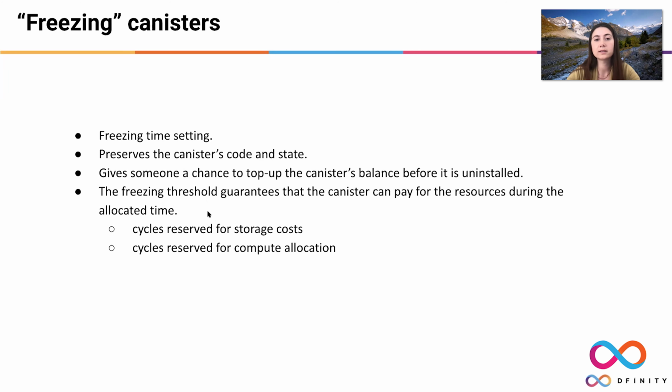Basically, with this amount that is reserved from the balance of the canister, we can ensure that during the freezing time, the canister can pay for the resources. So the freezing threshold is computed based on the storage cost and compute allocation, and it also takes into consideration the freezing time, the value defined in the settings.